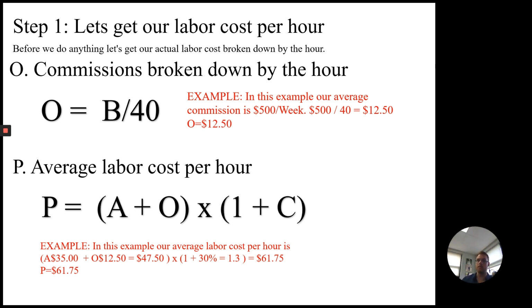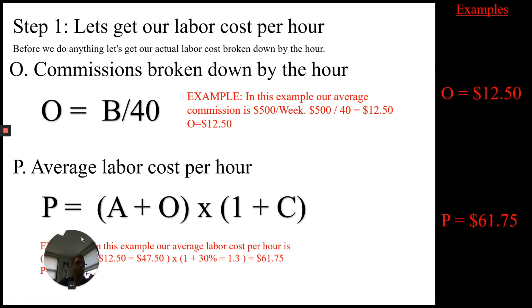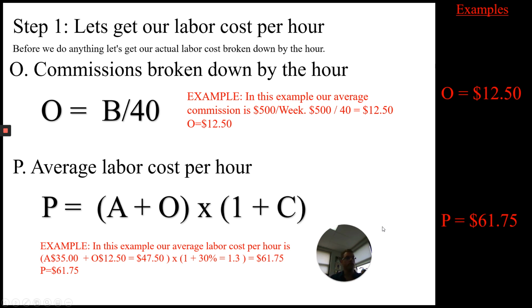So P is 61.75. It can get confusing, that's why you need it all written down. So P equals A plus O multiplied by 1 plus C, which brings my labor cost to $61.75 per hour. You can see my examples here.